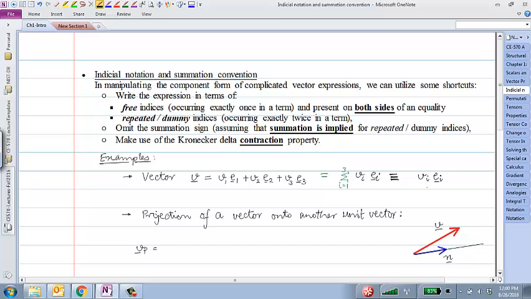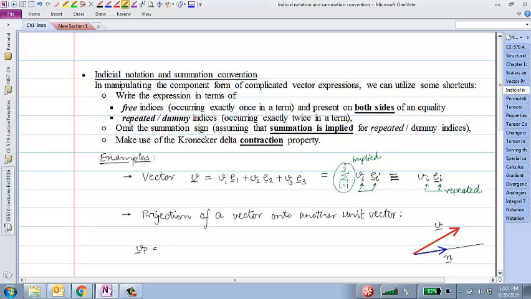What we are saying is that indeed this i is repeated, and the same thing here, which means that this summation is implied. So anytime I want to write this expression, which itself is a shorthand notation, we want to make it even shorter.